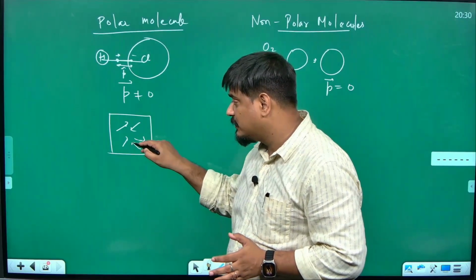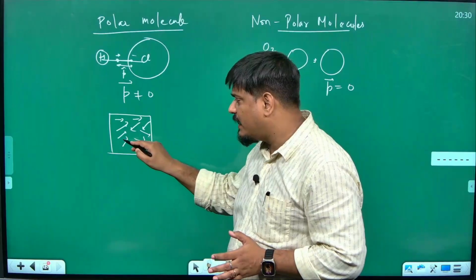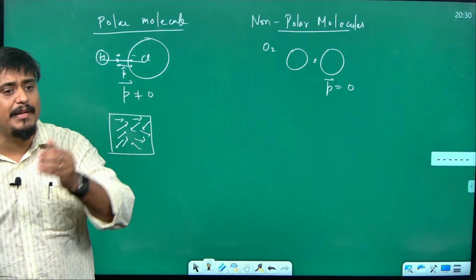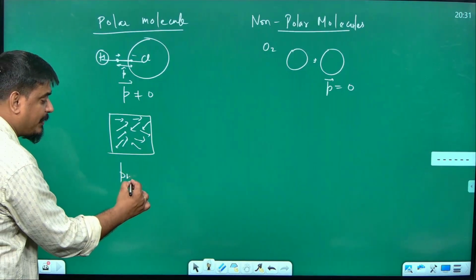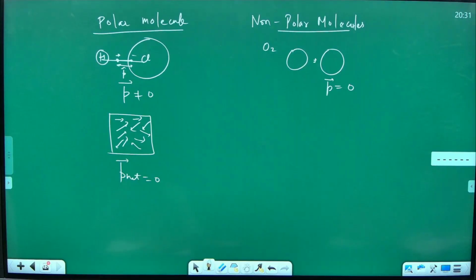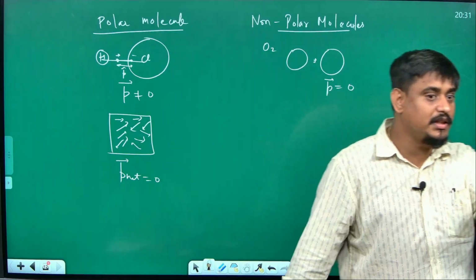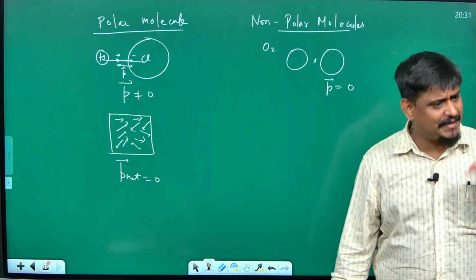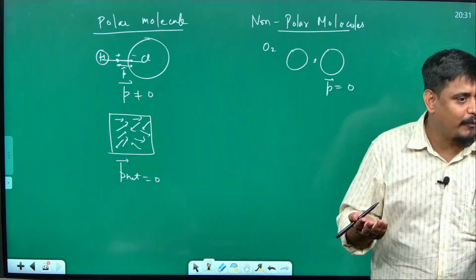Why should the dipoles be in the same direction? They may be in random directions, and since they are in random directions, they will cancel each other, and net dipole moment will once again become 0. Strange: HCl on a single molecule level having dipole moment, same HCl on a matter level having no dipole moment.